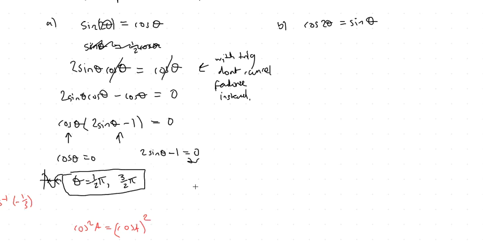This one. Rearranging that, we can say sine theta equals a half. Put the 1 across, divide by 2. Sine theta is a half. That means we're expecting 2 solutions. Get the first one. I think we should already know this one. It's 1/6 pi, it's a familiar one.